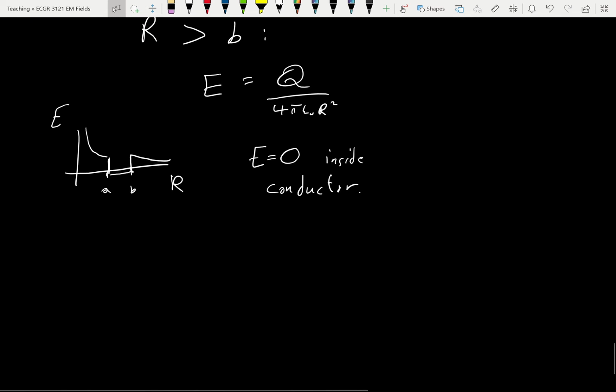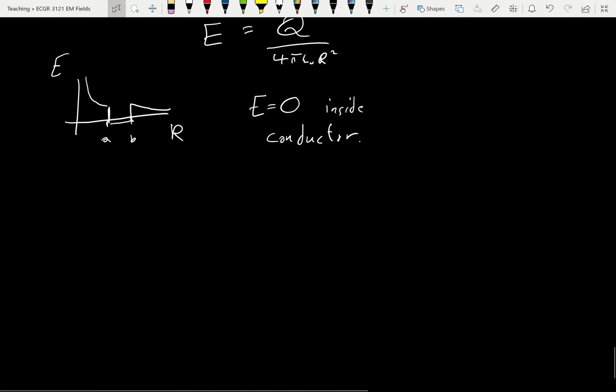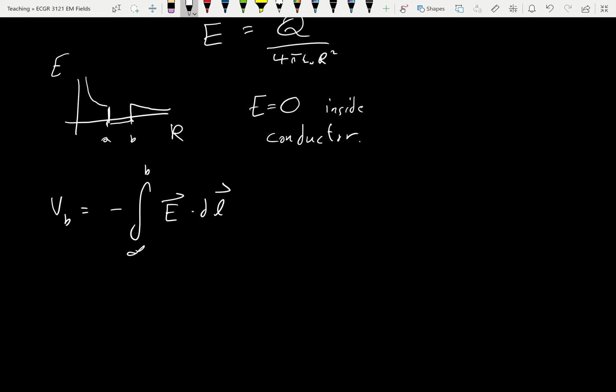Okay. So when going from infinity to the surface at B, VB is going to be minus the integral from infinity to B of E dot dl. We're trying to find the potential energy at B, right?